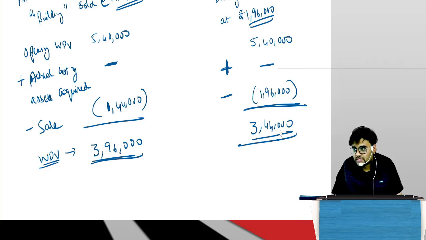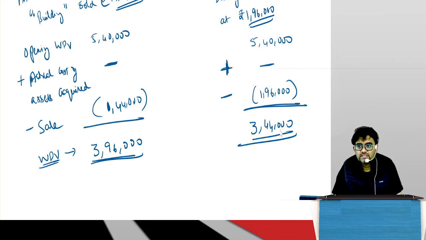This is before depreciation. Tell me, in the old method, before the depreciation, ABC was there, A was already sold. What is the existing WDV before depreciation? Year number 2, depreciation is not yet done, but the asset has been sold. What is left? 1,80,000 plus 1,80,000.